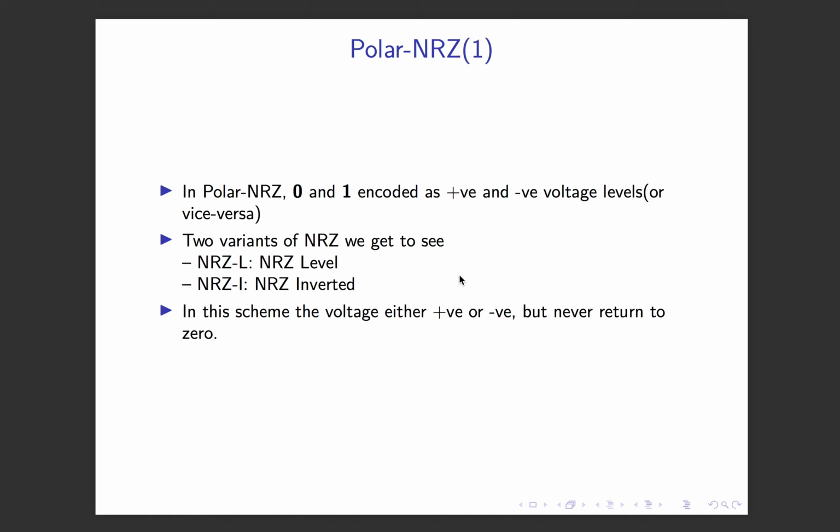Like the unipolar NRZ, in Polar-NRZ also the voltage never comes to 0. It either remains at the positive voltage level or at the negative voltage level.